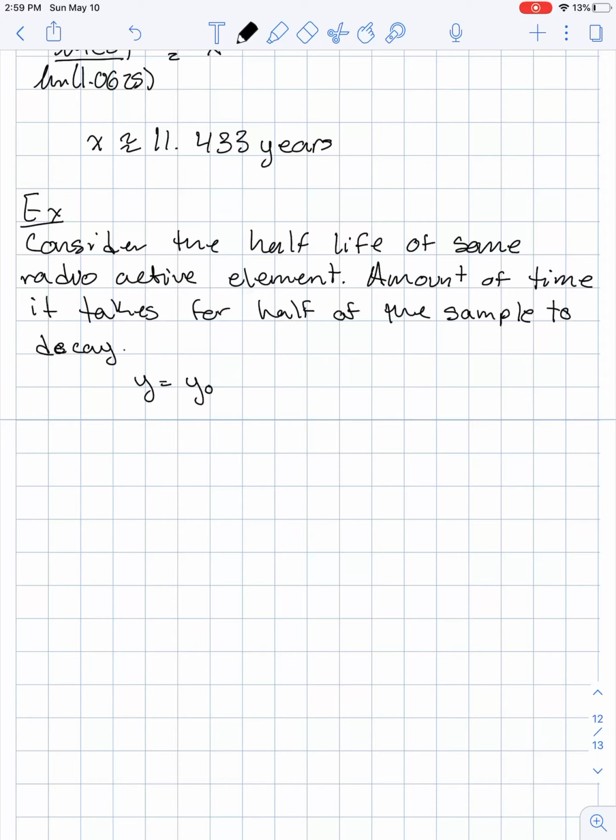So if you remember our exponential decay function, it is y equals y naught e to the negative kt. We just made k negative here.